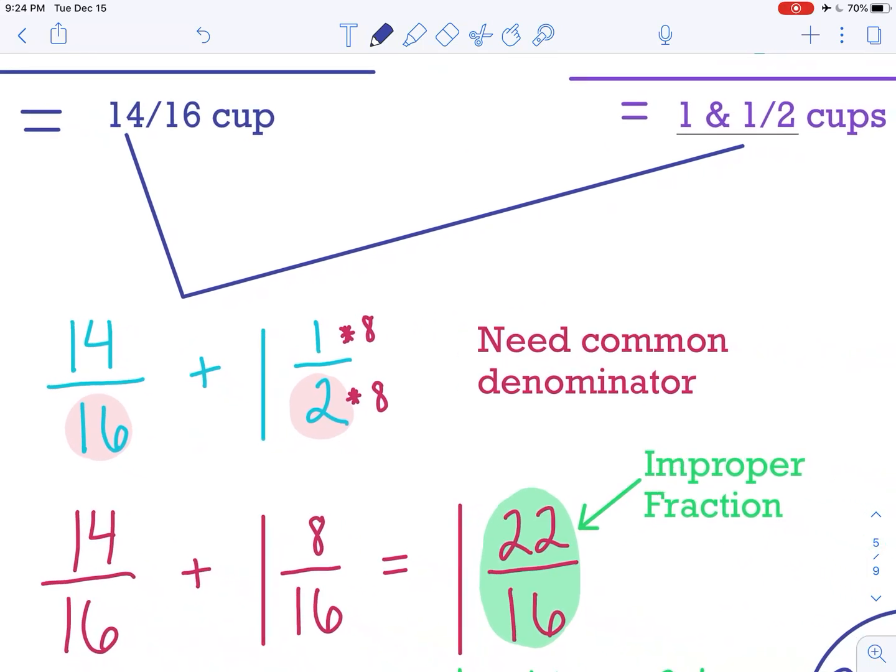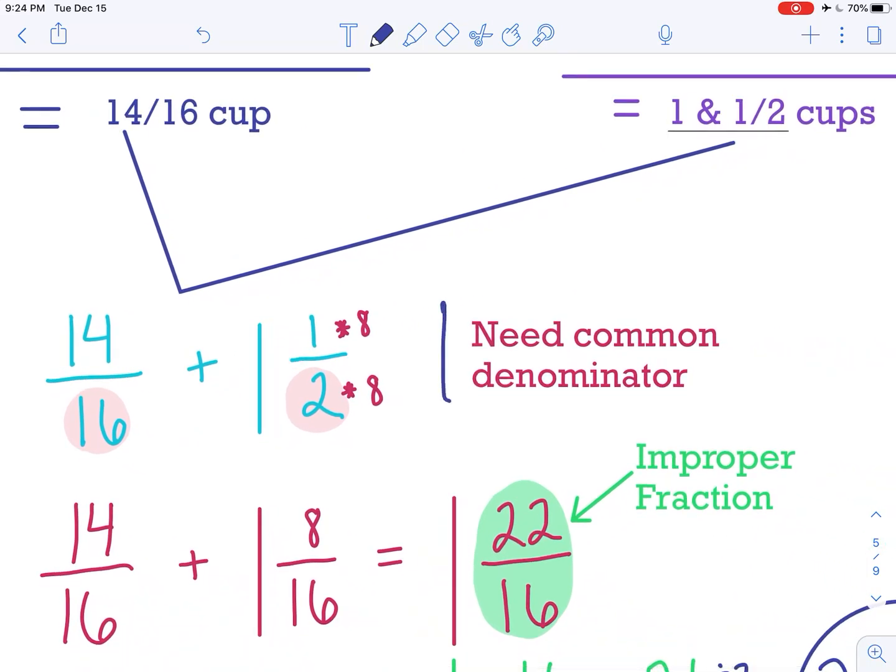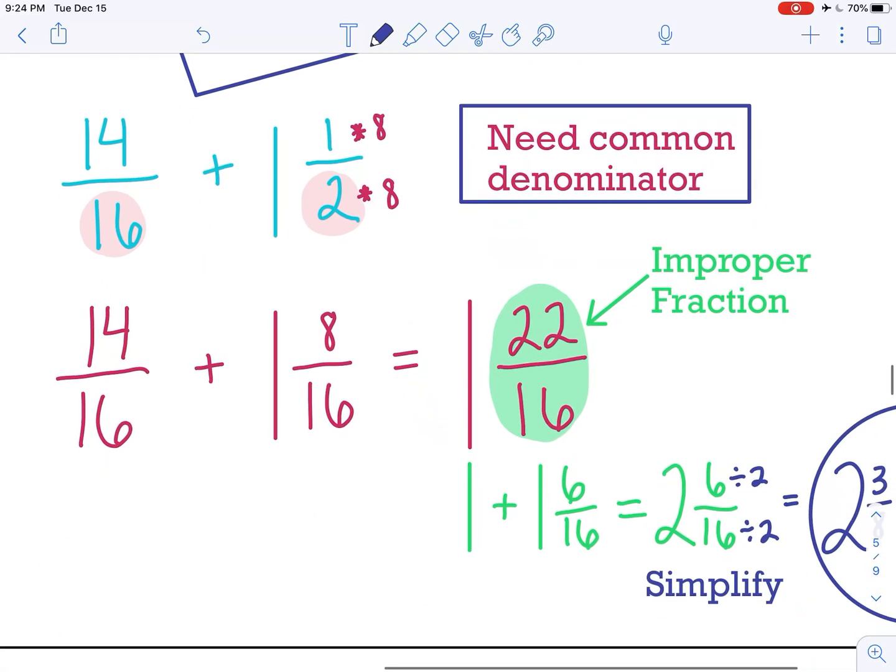And the first thing you'll notice is I have this note here: you need to have a common denominator before you can add. So in this case, I turned my 2 into a 16 by multiplying by 8 on top and bottom, which turns that into 1 and 8/16. And now I can put them together.